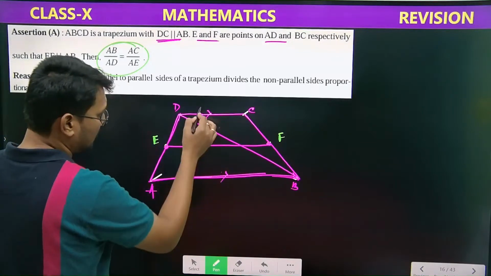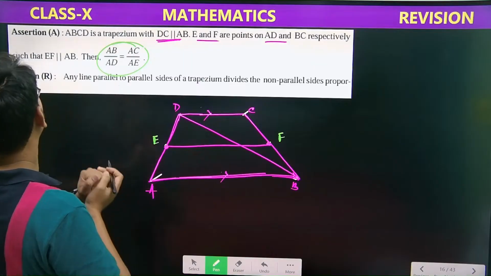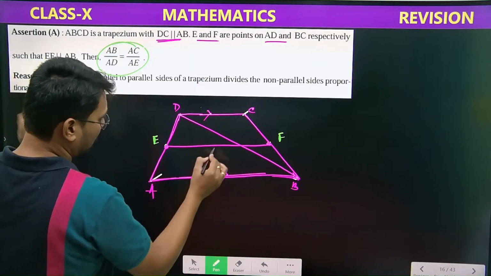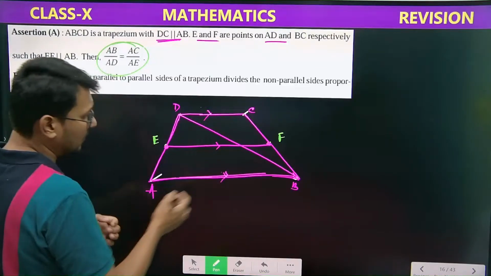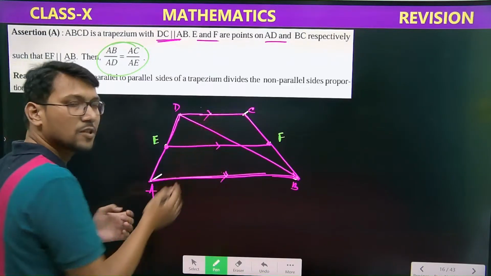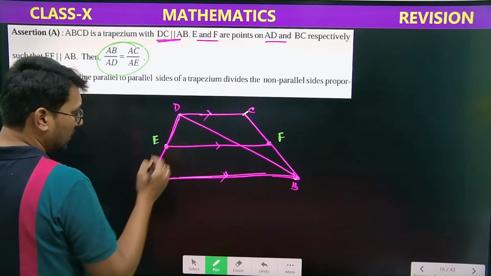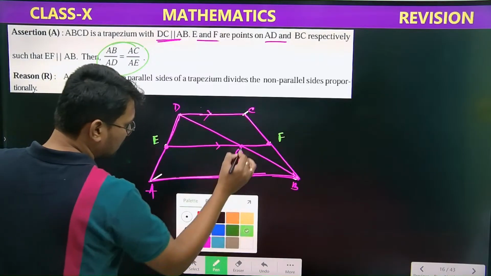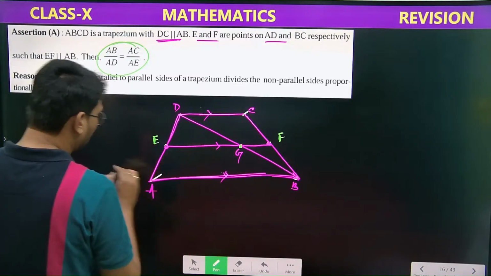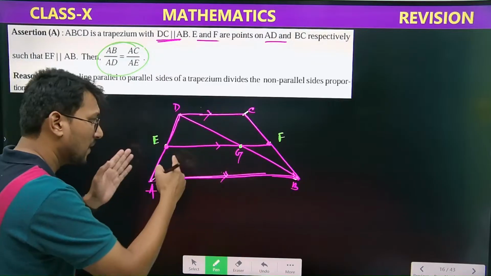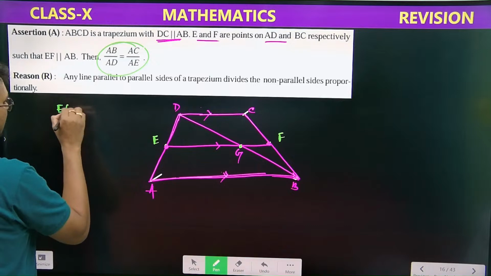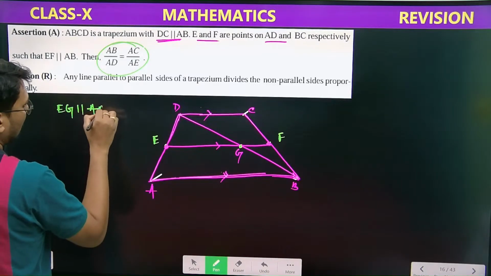These two are parallel. Anything else given? EF parallel to AB. If EF is parallel to AB, then EF is also parallel to which one? DC. So from here, let this point's name be Z. Now though EF is parallel to AB, then EZ is also parallel to which one? AB. We can write EZ parallel to AB.